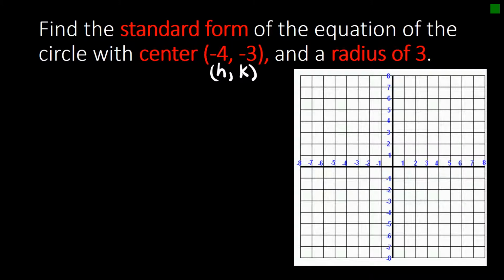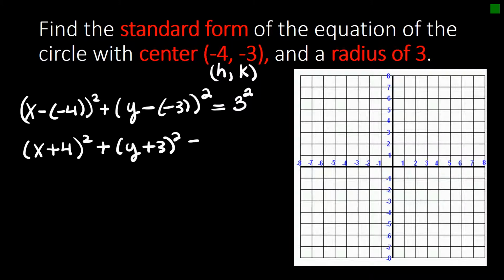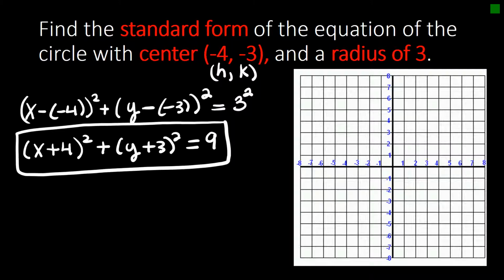So remember that we have x minus h, so we have x minus a negative 4, that quantity squared, plus y minus k, so y minus a negative 3, quantity squared, equals the radius squared, which is 3 squared. So this simplifies to (x + 4)² + (y + 3)² = 9. So that's the standard form.